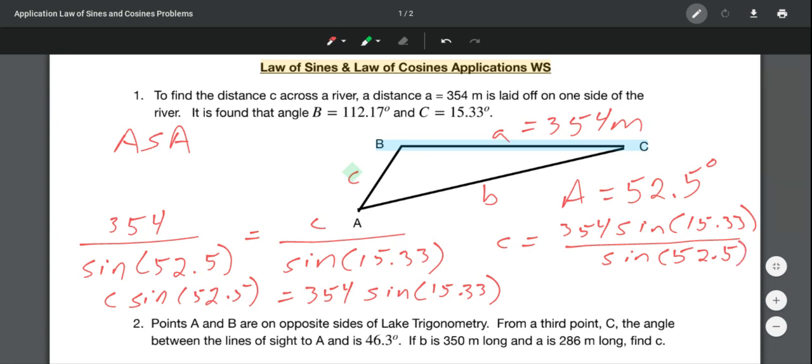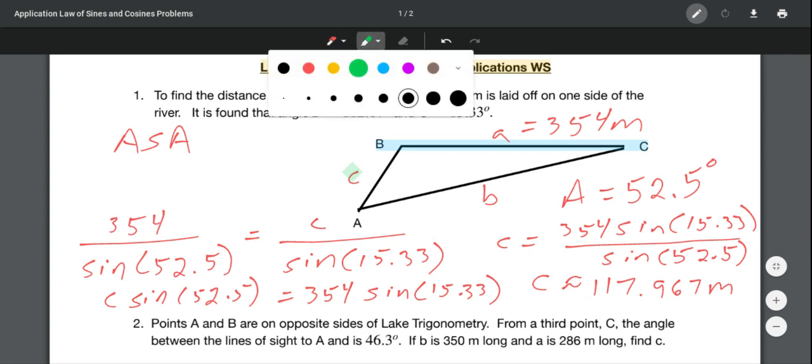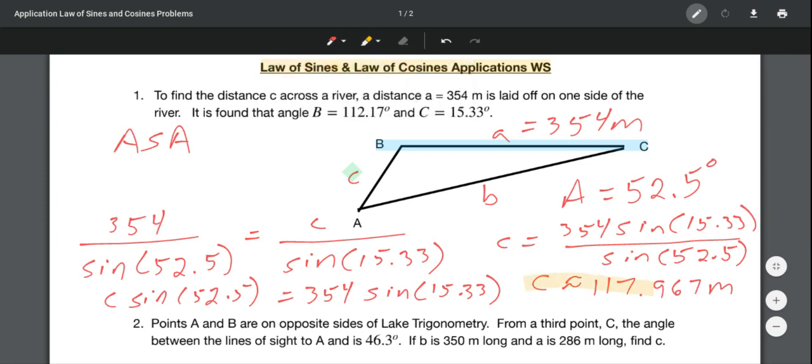So I'm just going to put that in my calculator: 354 sine of 15.33 divided by the sine of 52.5. And I get c to be approximately 117.967. And that would be meters because our measurements were in meters. And I know that this would be my solution.